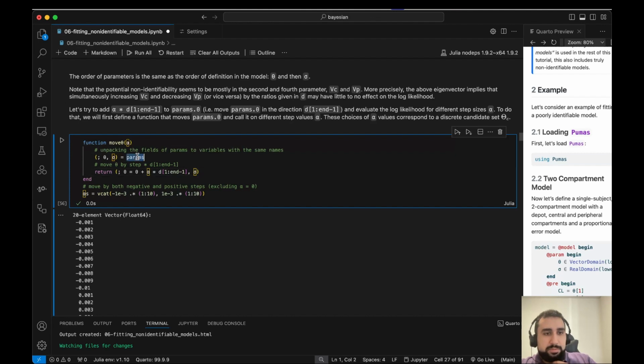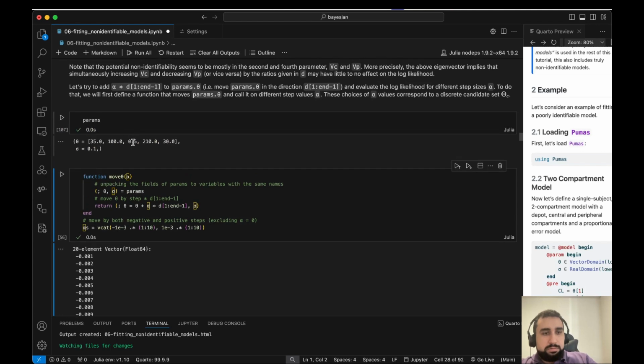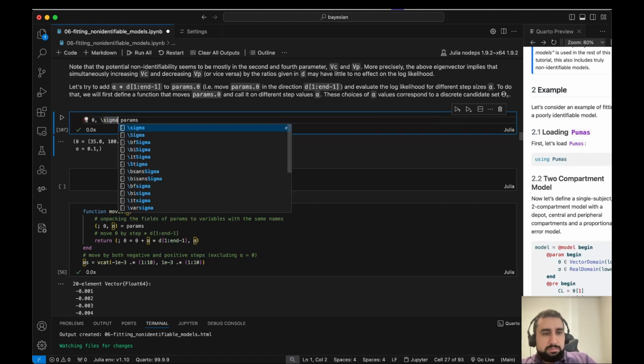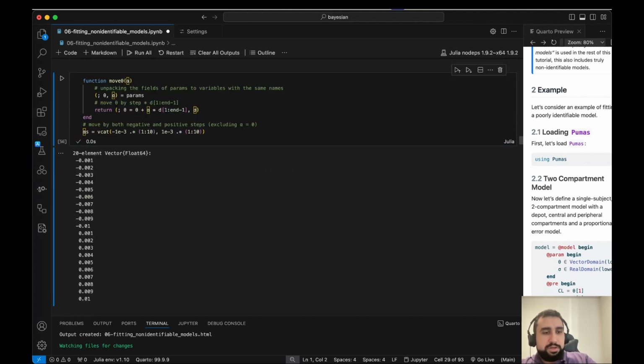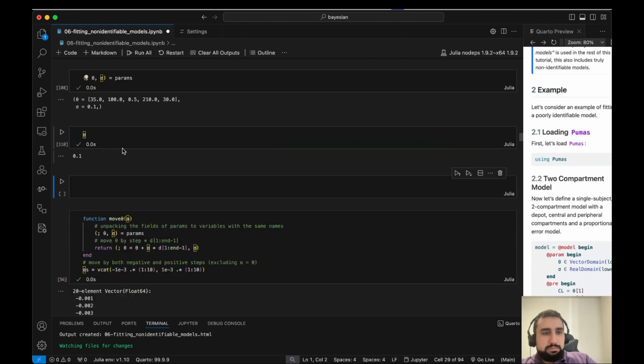It just unpacks params. So this is a way to unpack a named tuple. So params is just a named tuple. So I can probably show how to do this. So this is just a named tuple here. Now if I do this, this basically unpacks params to give me a separate variable theta and a separate variable sigma as well, right?